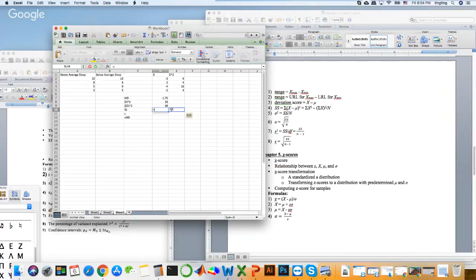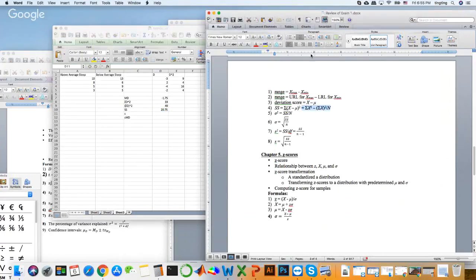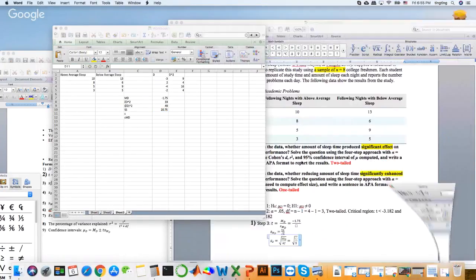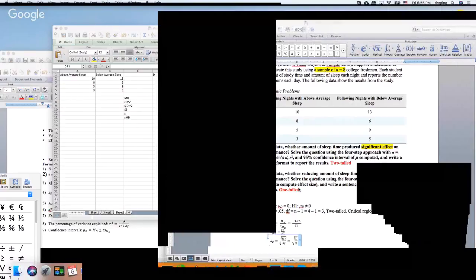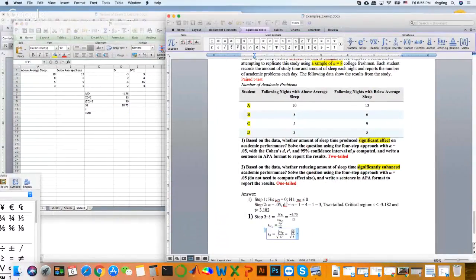SS equals this score divided by this one, minus that one, divided by n, which is 4. So we have the value. So the SS equals 20.75.